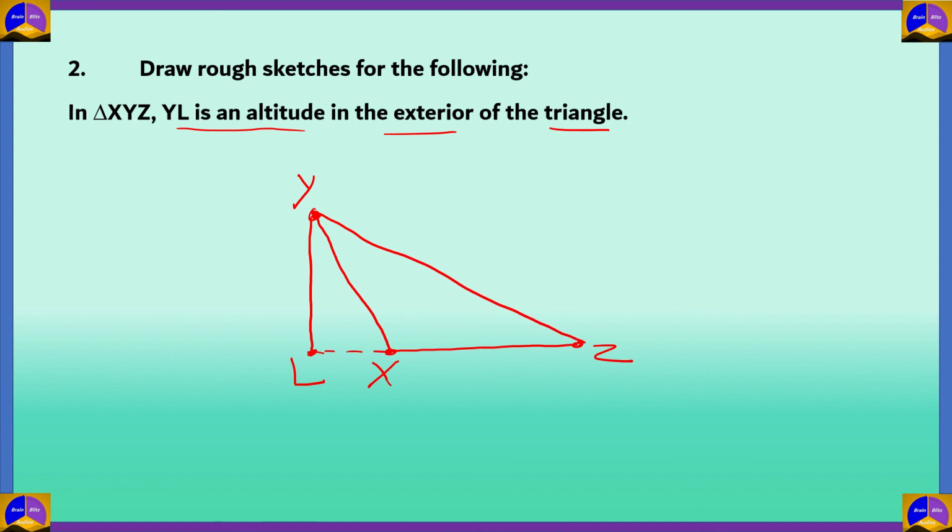If we extend XZ, YL would be intersecting with XZ. So that means that in an obtuse angle triangle, one of the altitudes would be exterior to the triangle. So it is true in this case.